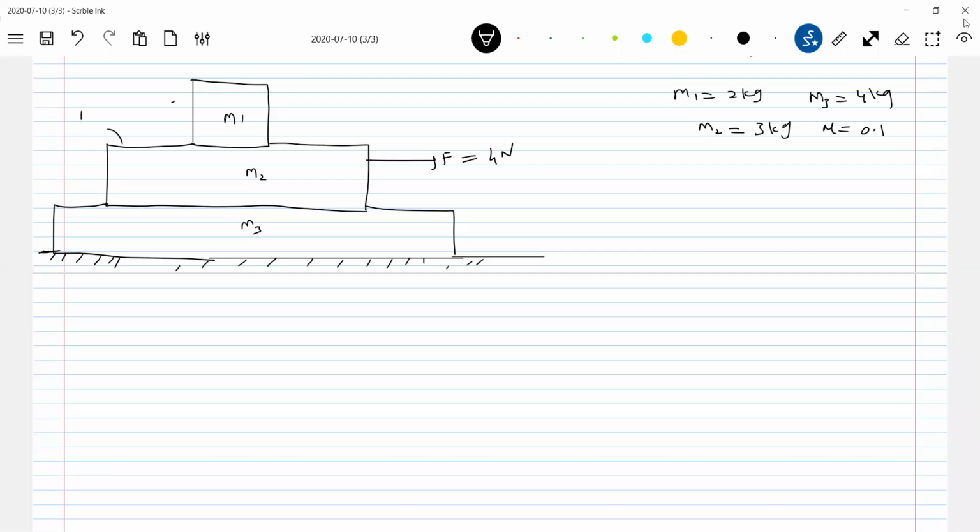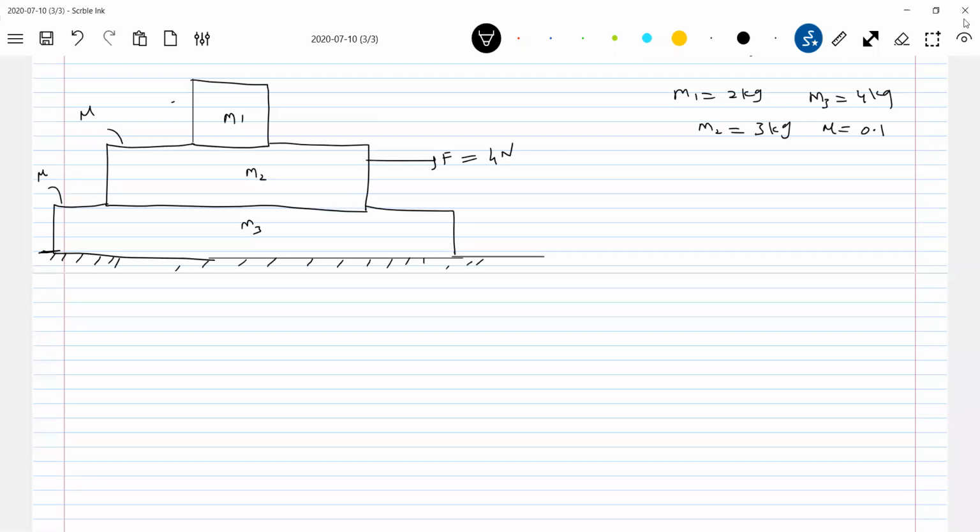Let this be mu and let this also be mu. Now we applied the force of 4 Newton to the second block. I'm asking you to find the acceleration of the blocks and the friction acting at all surfaces.